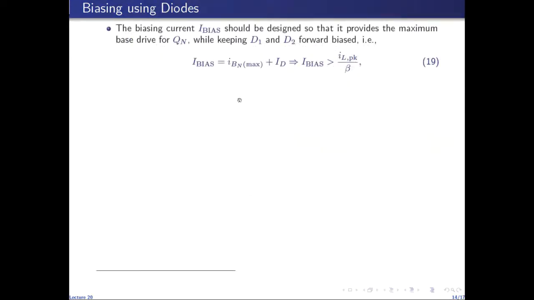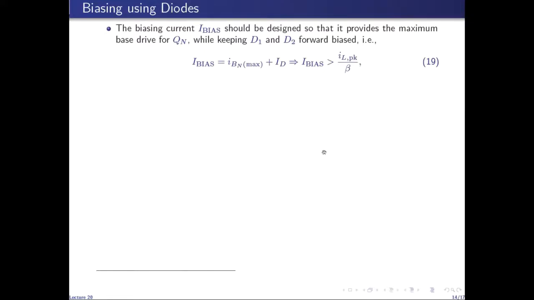The biasing current should be designed so that it provides the maximum base drive for Qn, and also the minimum current required to keep the two diodes forward biased. That is, I bias divides into the base current of Qn and into the diode current. So when we apply a signal, the output load voltage will swing in the positive and negative direction. When it is swinging in the positive direction, the current is pushed into the load through Qn.